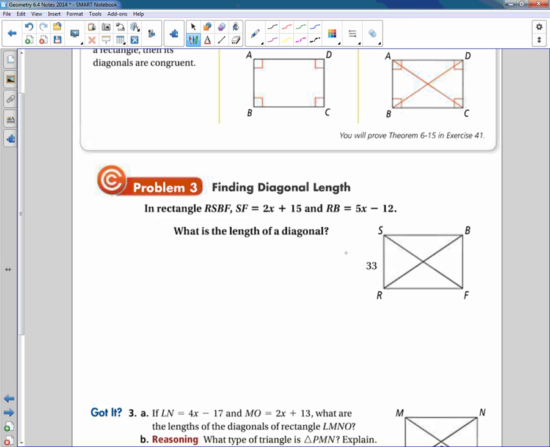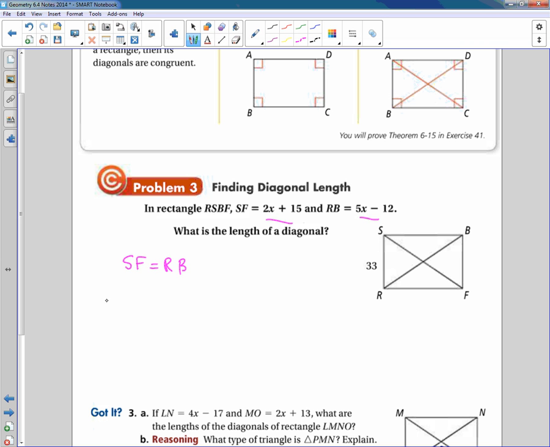Okay, so let's look at problem 3. We have SF is equal to 2x plus 15 and RB is equal to 5x minus 12. Well, we just discussed how both diagonals are congruent, so I would say, SF equals what? RB.